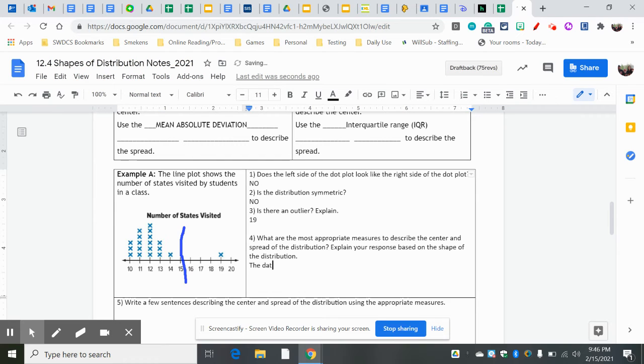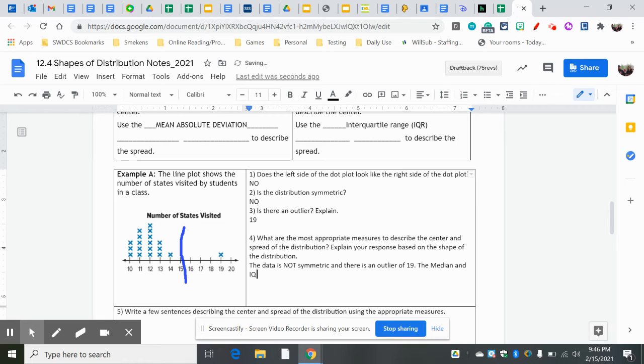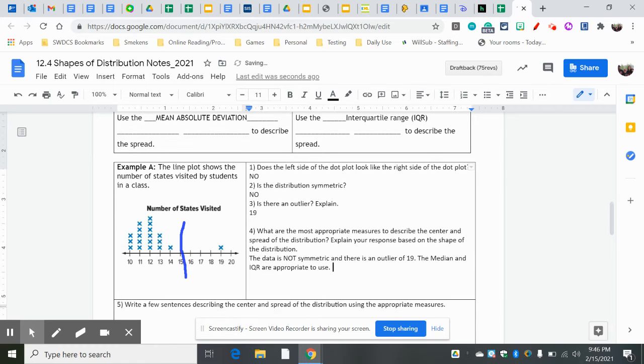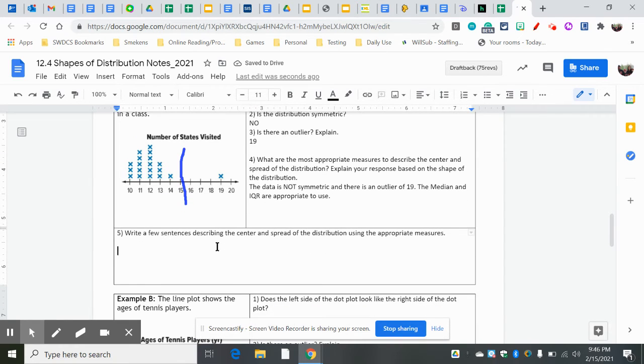So the data is not symmetric, and there is an outlier of 19. The median and IQR are appropriate to use. So now below, you're going to do that, okay?